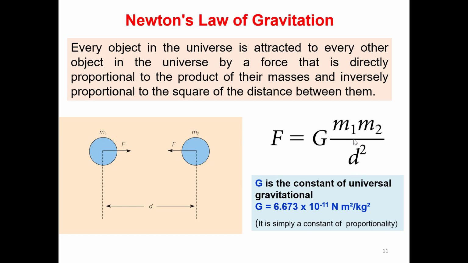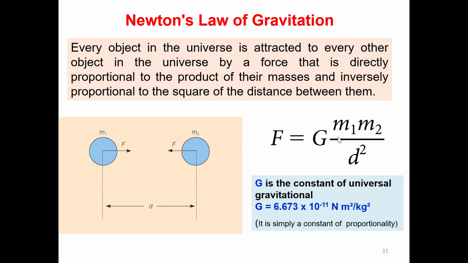Let's try to understand this equation a little more. The gravitational force is directly proportional to the product of the masses of the two objects. This means if the object has more mass, then the gravitational force will be larger.